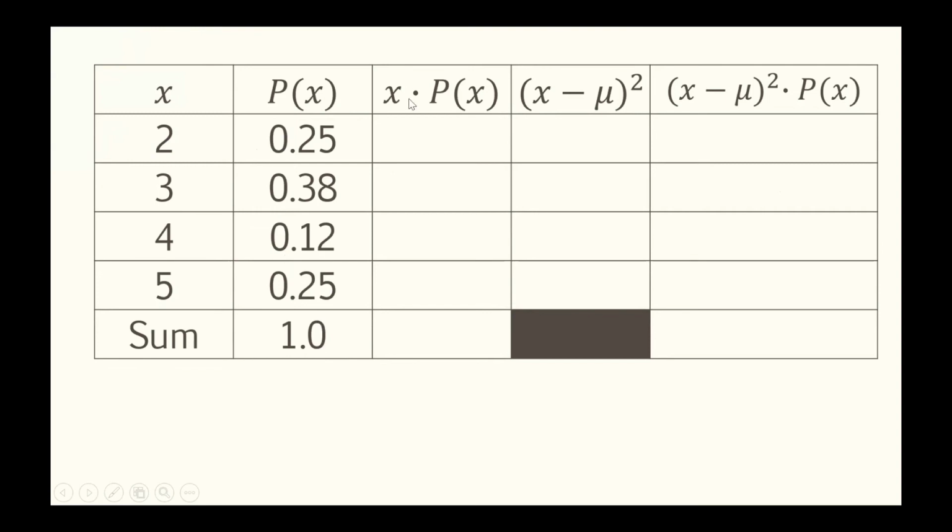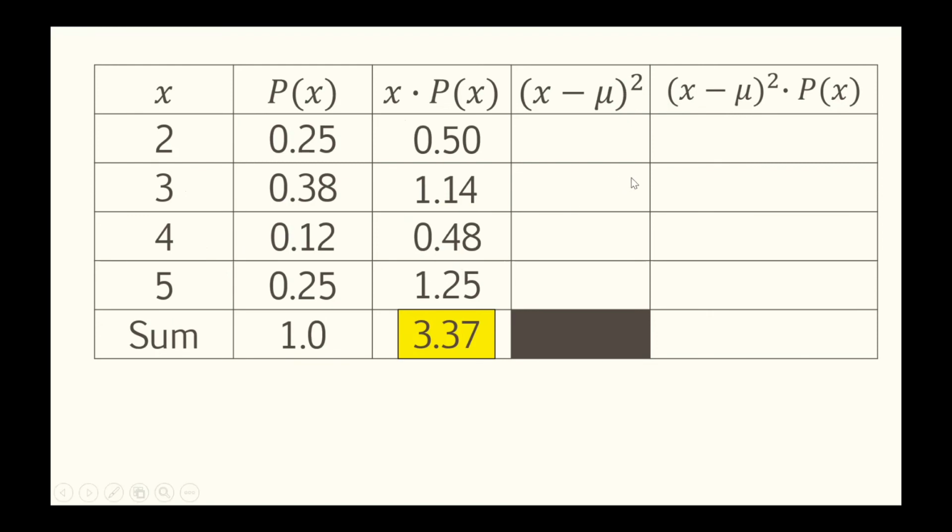To compute for the mean, we're going to get the summation of the product of x and its probability. For the first one, we have 2 times 0.25, that is 0.5. 3 times 0.38, that is 1.14. 4 times 0.12, 0.48. 5 times 0.25, that is 1.25. The sum of this is 3.37, which is the mean of example number 2.